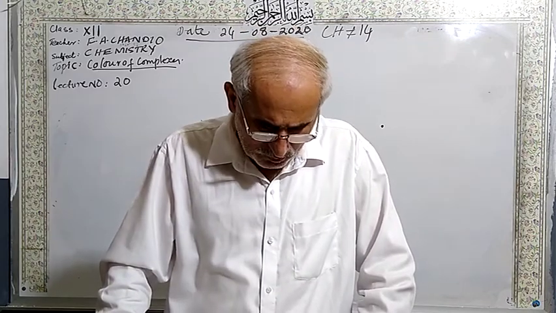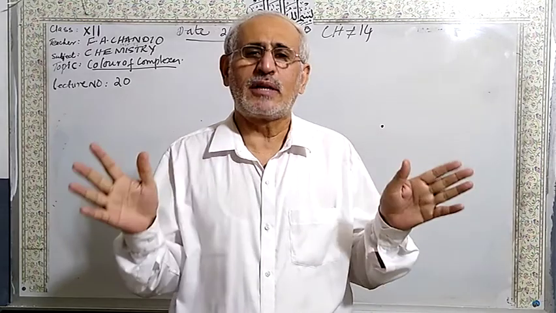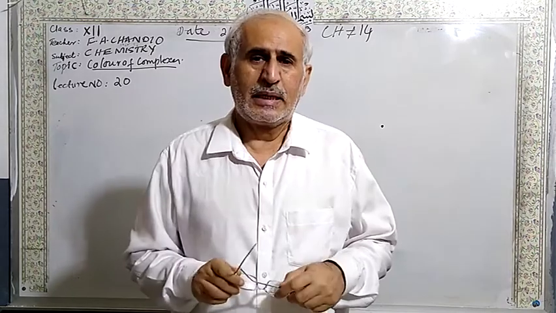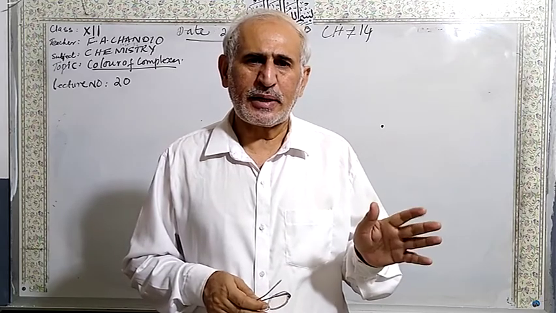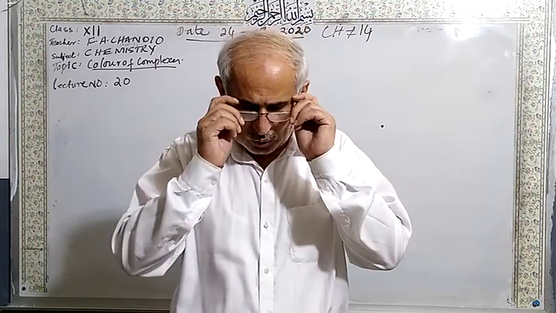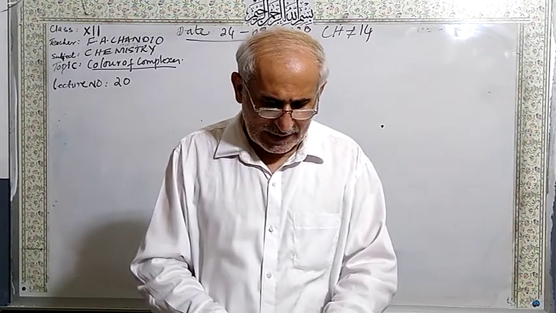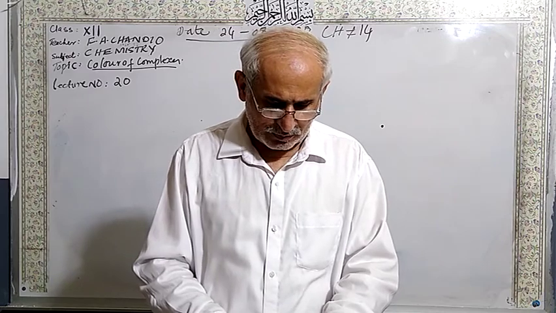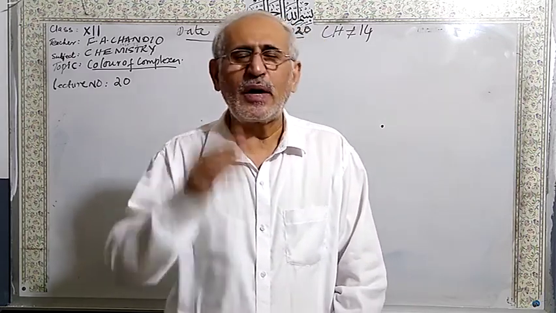For this reason, the d orbitals are split into 2 levels. The d orbitals which participate in bond formation split into 2 levels. One group of d orbitals gets a little higher energy than the other group.